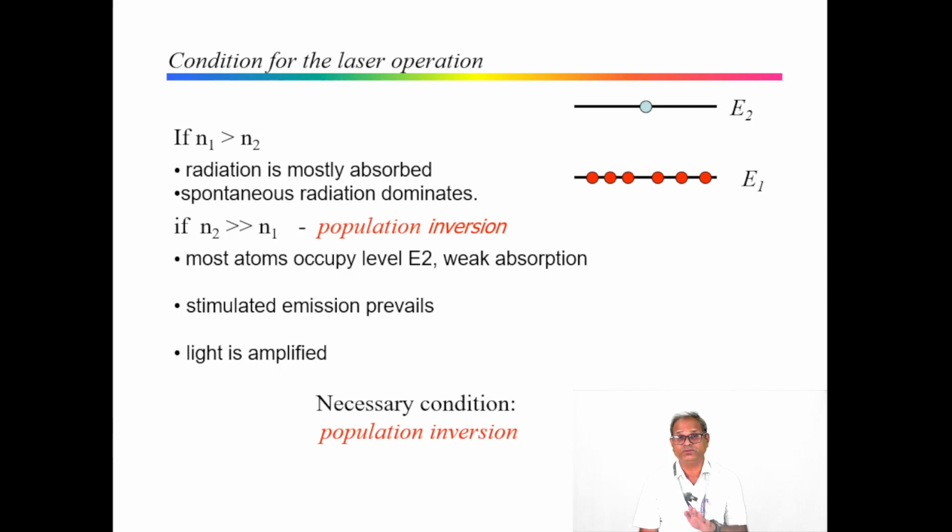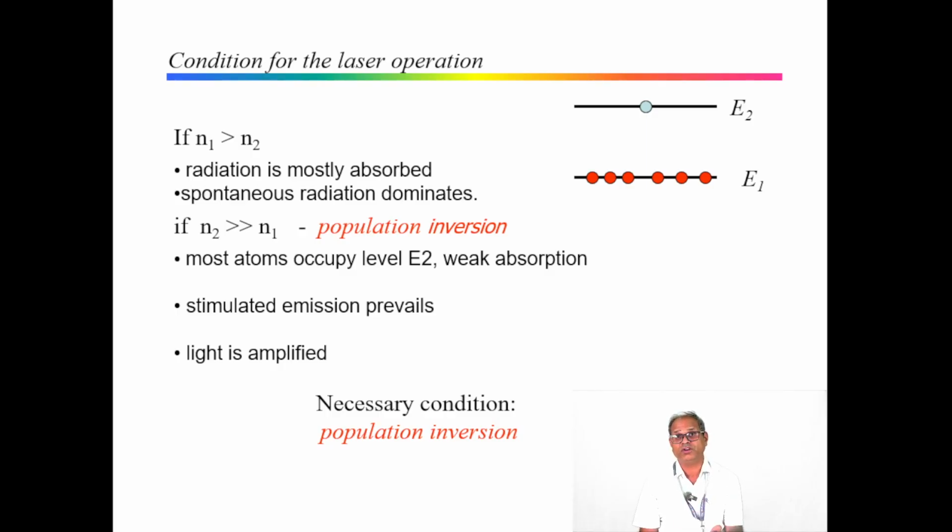So, radiation is mostly absorbed when you are having number of atoms at the ground state. That is, ground state atoms will take the energy and then they will try to move to the excited state. So, in the spontaneous radiation dominates, means what happens when absorption occurs, the number of atoms in the E1 state will reduce, obviously they will move to the excited state.